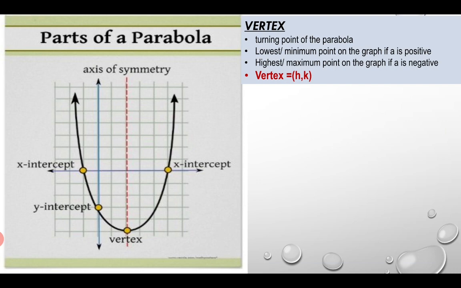The vertex is the turning point of the parabola. This is the vertex, where the parabola turns. When the parabola opens upwards, the vertex is at the lowest point of the graph. When the parabola opens downwards, the vertex is at the highest point of the graph. The coordinates of the vertex are (h, k).